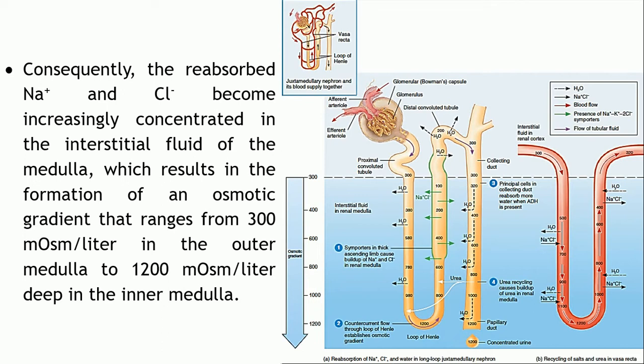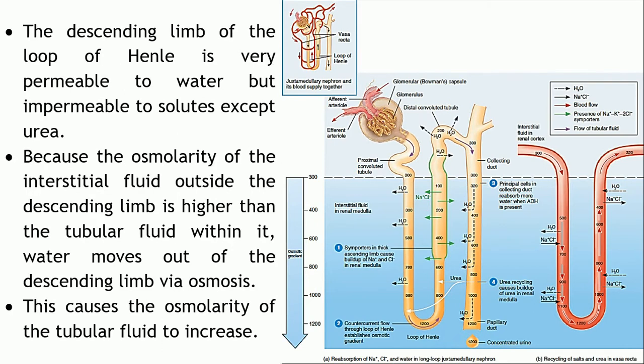Okay, so as a result of this continuous supply of the sodium and chloride over here, more and more sodium chloride will be reabsorbed and it will help in the build-up of the osmolarity in the interstitial fluid of the medulla. So this differential reabsorption of these ions makes it possible for this gradient to be formed in this particular region.